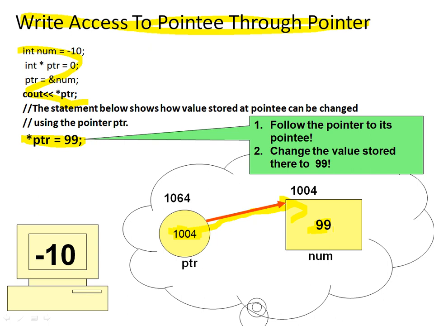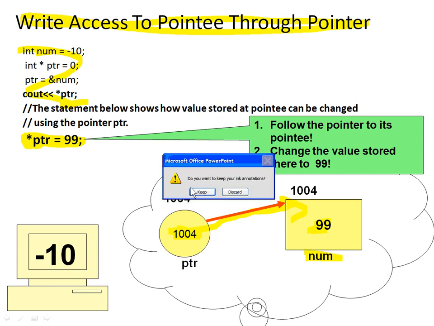The new value 99 is stored in num. Okay. This provides the write access to the pointee through the pointer. As I said earlier, since asterisk ptr is the alias for num, I can use this assembly like the name num. Okay. So if I were to add a statement here, cout star ptr at this point, that should print 99.